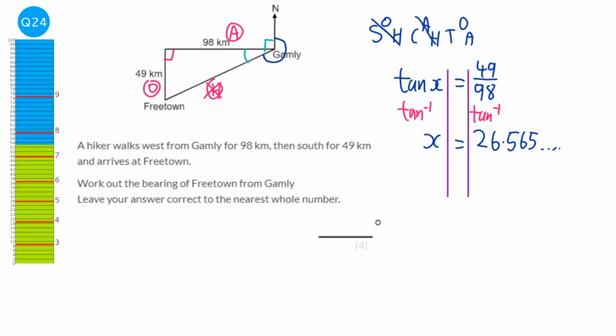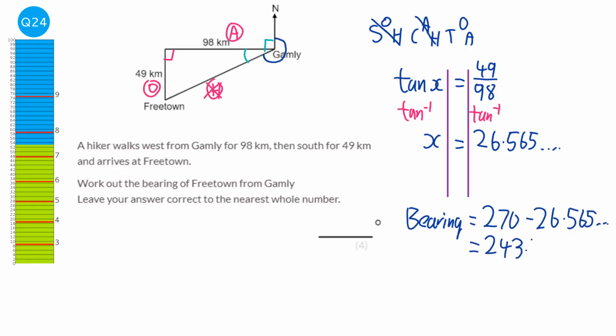So what I'm going to do now is we're just going to work out the bearing. So bearing, we're just going to do 270 take away the 26.565..., and that gives us 243.434... It says it wants it to the nearest whole number, so that's going to be 243.